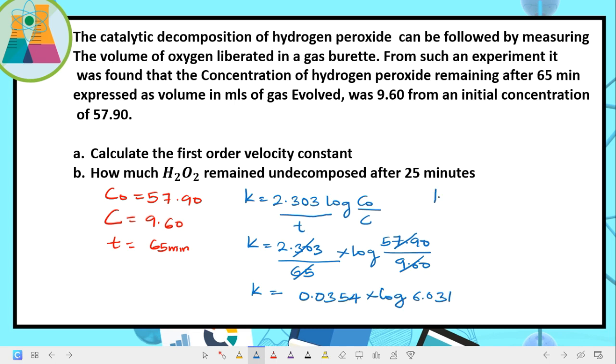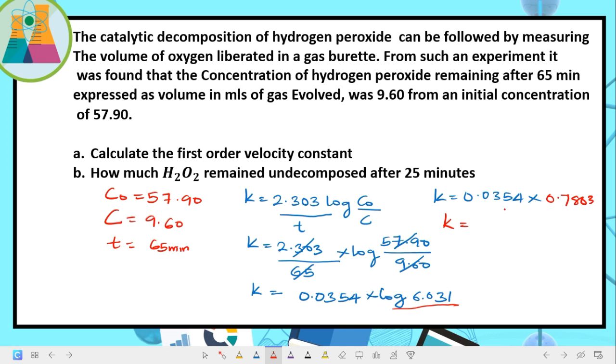Now log 6.031, it will give us, this will be 0.0354, I'm rewriting this, times log of this. The log of this will give us 0.7803. So at the end of the day, you multiply these two together.